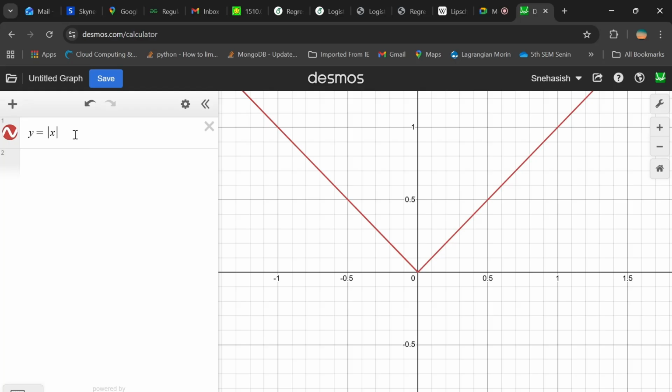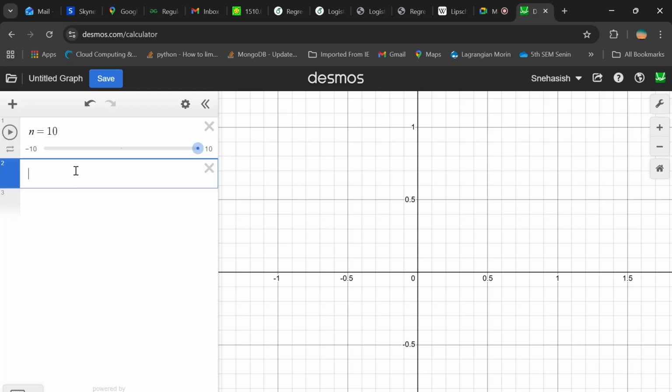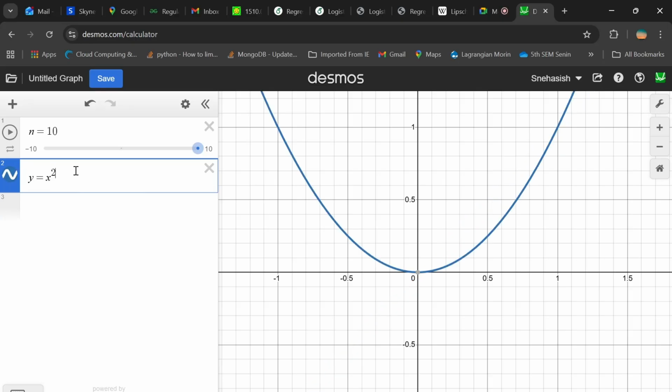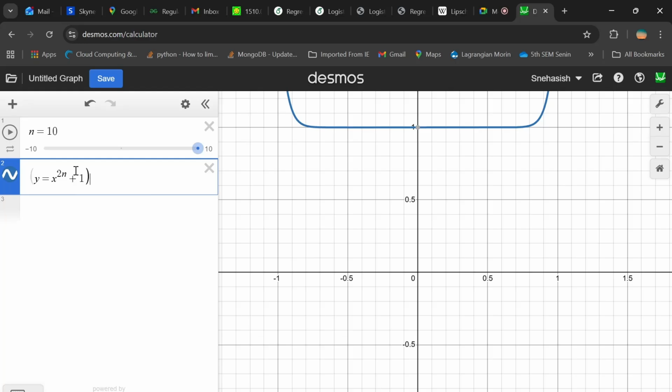I'll try to give you an example of a function like that. So something like, let's say, n equal to 10, and I define y equal to x to the power 2n plus 1, and you take a power of this 1 by n.